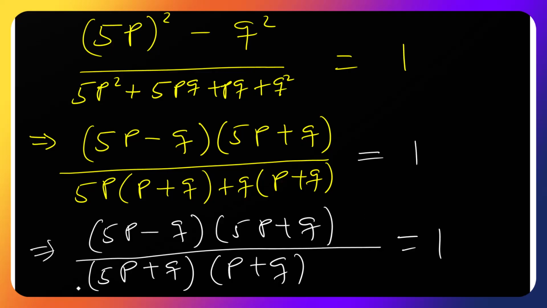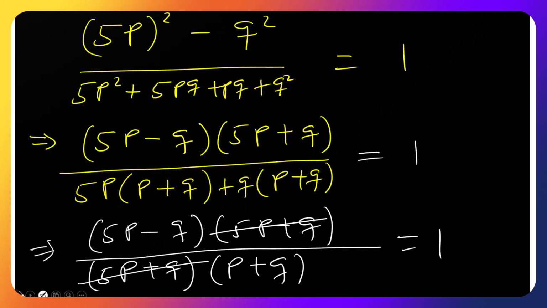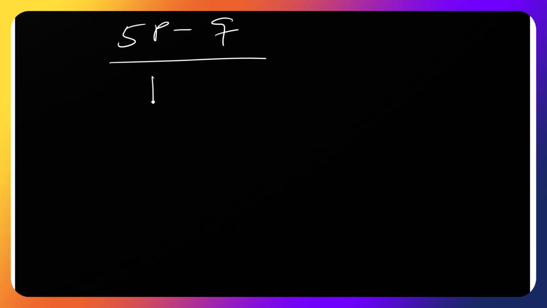So we can do cancellation here. 5p plus q, 5p plus q cancel. I will have (5p minus q) on (p plus q) equals 1. Remember, we are after q on p.